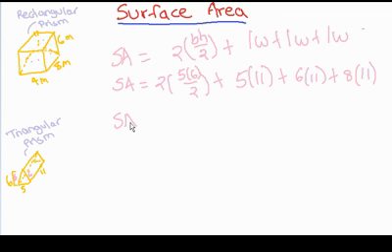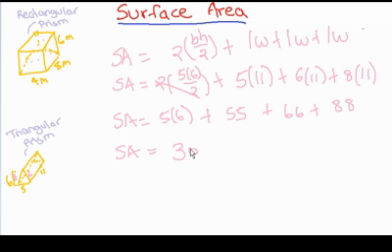The surface area is equal to 2 times whatever divided by 2, so the 2's cancel out, so it's 5 times 6 plus 5 times 11 is 55 plus 6 times 11 is 66 plus 8 times 11 is 88. The surface area is equal to 6 times 5 is 30 plus 55 plus 66 plus 88. 88, 66, 55. 8 plus 5 is 13, plus 6 is 19. 8 plus 6 is 14, plus 5 is 19, plus 1 is 20. 209.